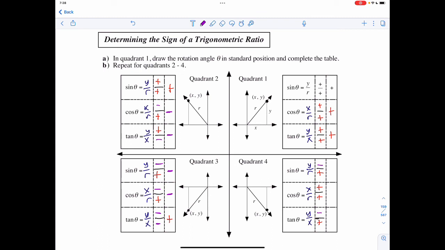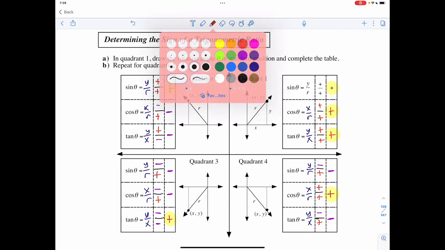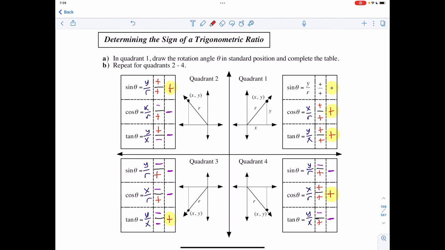So for sine, a negative divided by a positive is negative. For tan, a negative divided by a positive is negative. But for cos, both my x and my r are positive, and that's going to give me a positive. And from there we can see that all of them get to be positive twice, and all of them are going to wind up being negative twice.